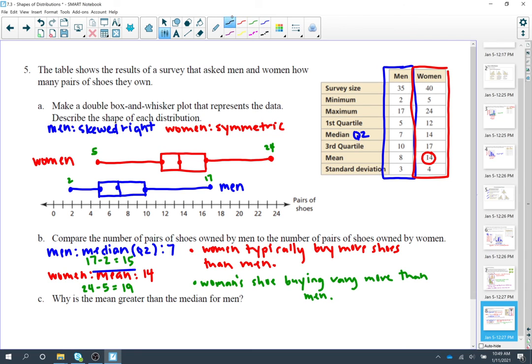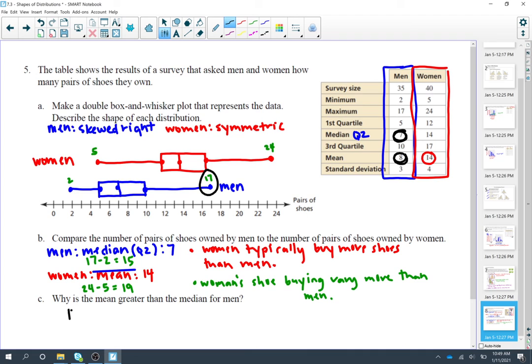So if we look at men, we're looking at the median versus the mean. Why is the mean higher than the median? And what I'm going to look at here is this 17 value. Keep in mind that the mean is very much affected by higher numbers or lower numbers.